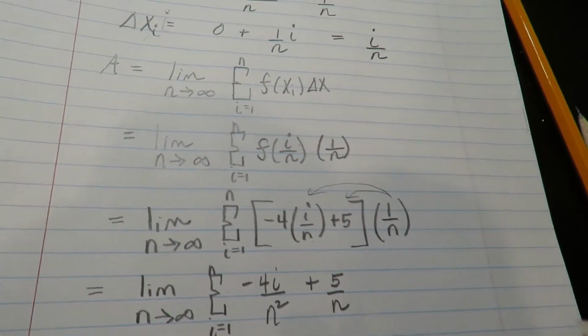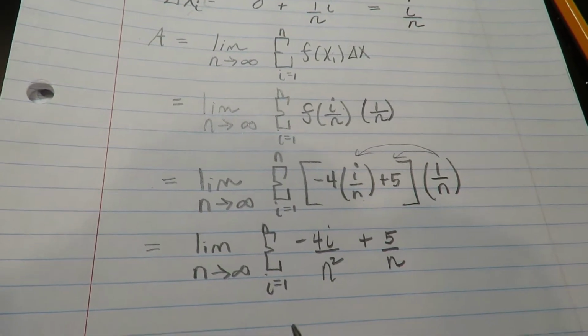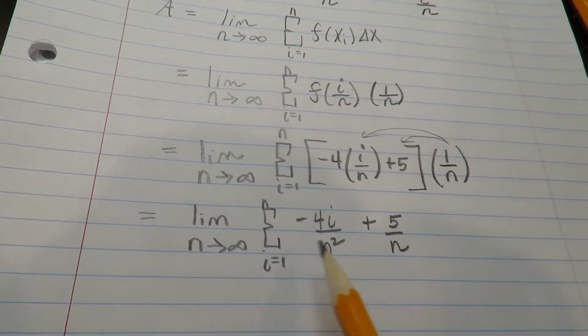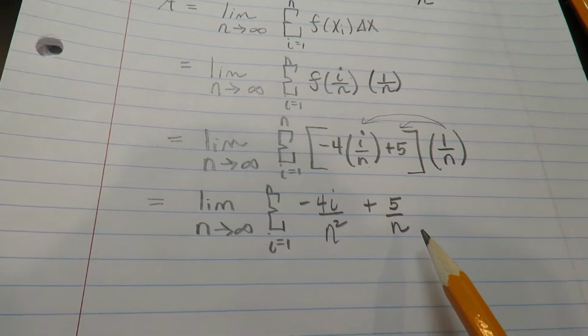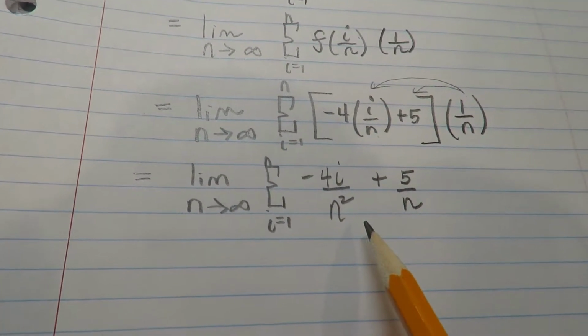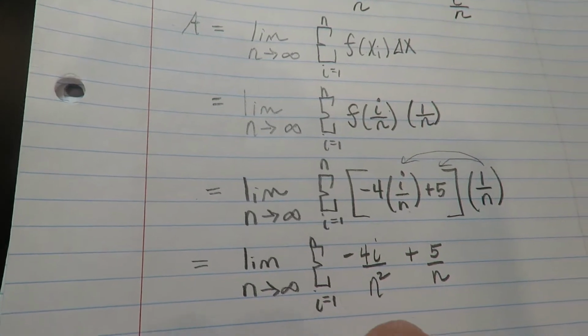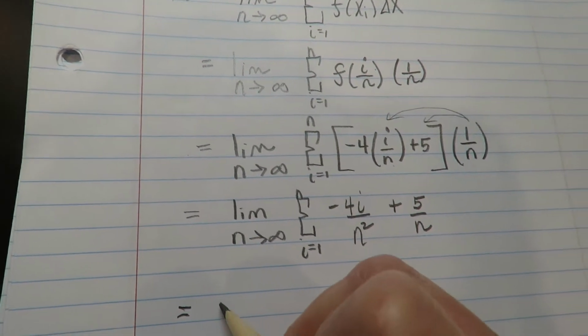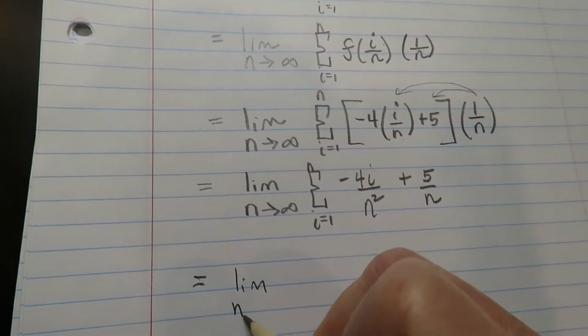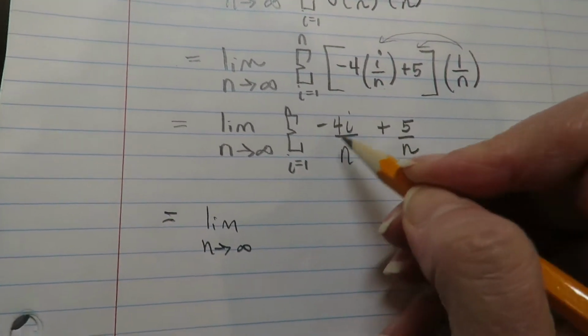Okay, so now I have two distinct terms, and this is the part where I give the sigma to each. You don't actually have to write that step out, I just like being really clear. You could just know that this sigma is applying to each.